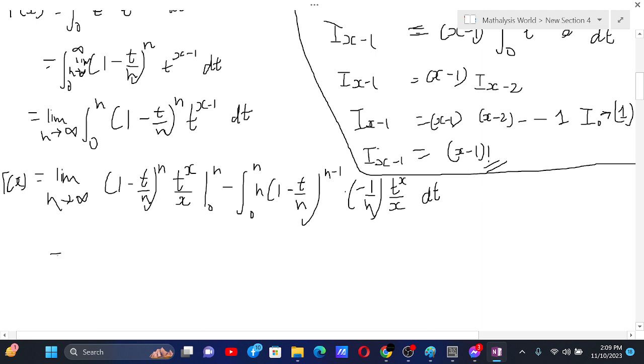At n this will go to 0, at 0 this will go to 0, so it's 0 for both the values, and here the minus will come out to make it plus, and we also have n by nx.